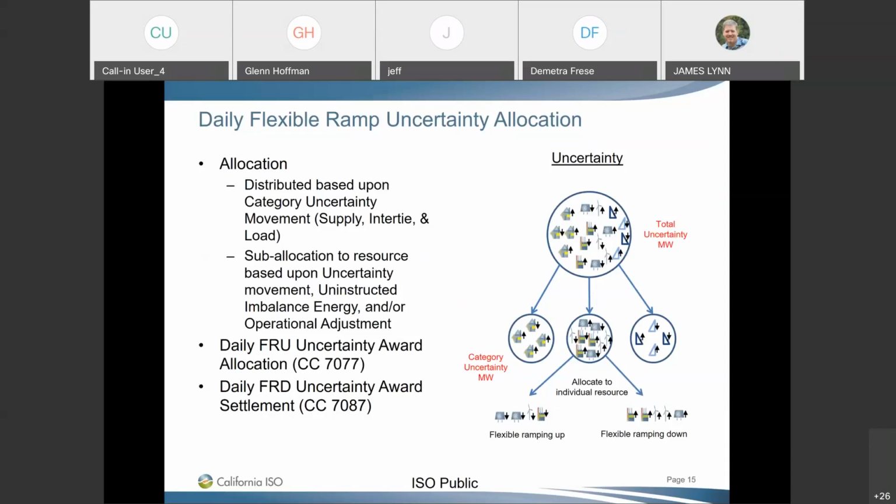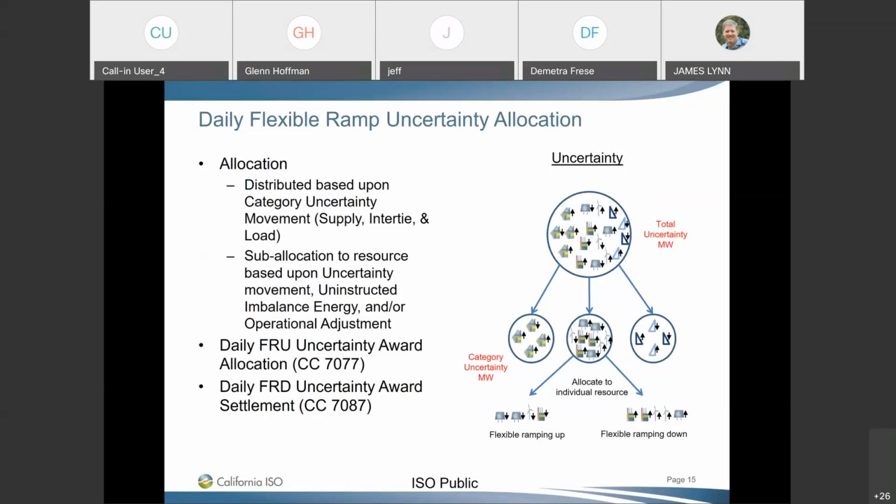Whatever is not allocated through these buckets gets allocated out through measure demand. Now, the anticipation is that eventually we will get the actual uncertainty of the UIE, and therefore the allocation will be to the correct party.